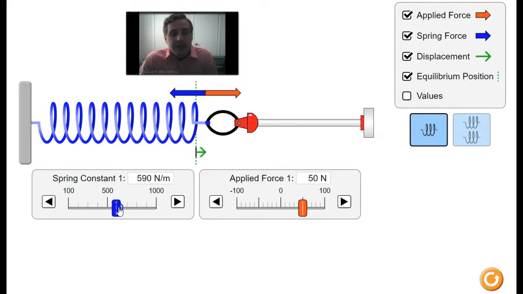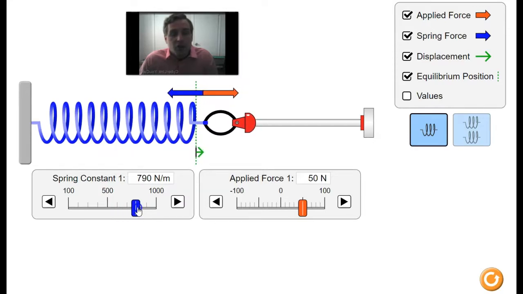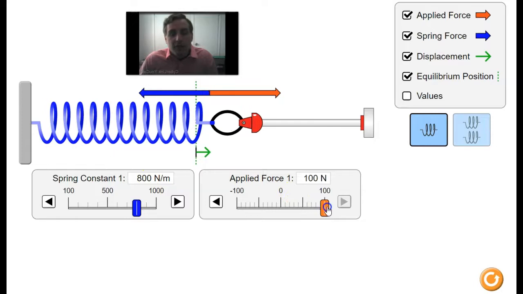Another way to say this is that if you have a very large Hooke's law spring constant, if you apply a greater force, you won't have as much of a displacement because, again, the spring is tighter. Tighter springs with larger spring constants for the same force undergo less displacement.